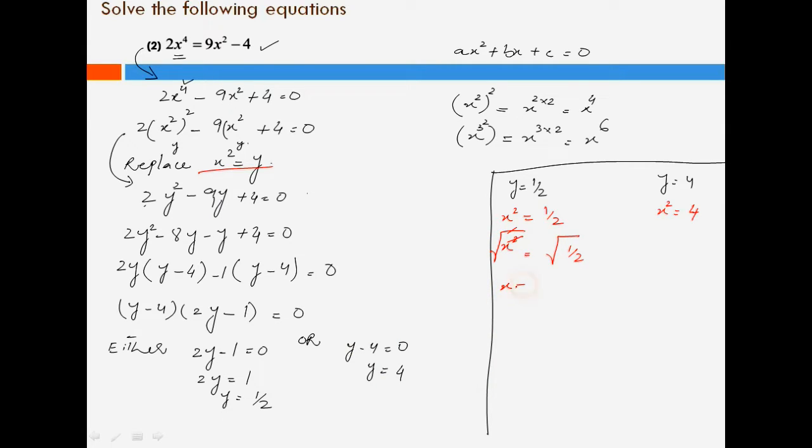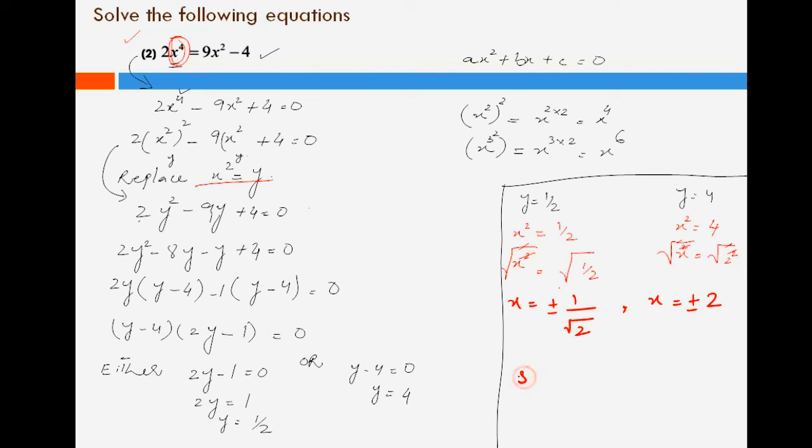So we have x is equal to plus minus 1 upon under root 2, or x is equal to plus minus 2.